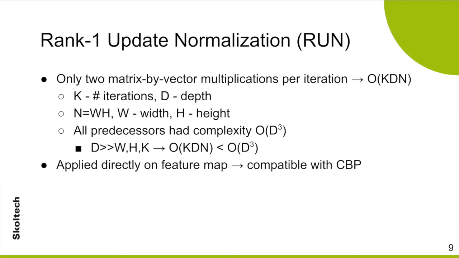Therefore, its complexity is O of k d n. All previous approaches had complexity of O of d cubed. But because depth is much bigger than width, height, or number of iterations, RUN gains a significant speedup. Moreover, since the algorithm is applied directly on the feature map, it is compatible with compact bilinear pooling.